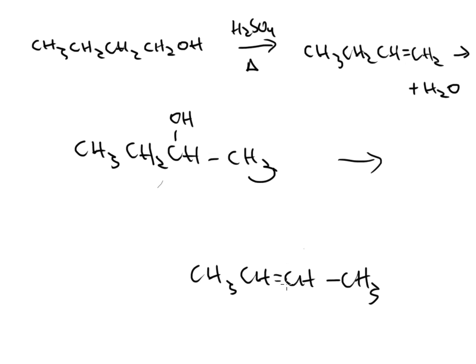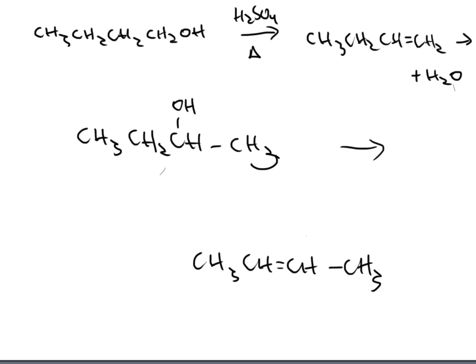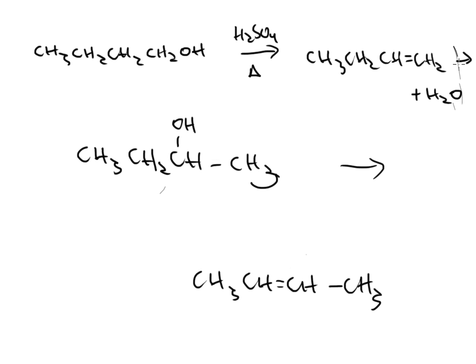And that internal double bond is more stable than the terminal double bond. So this is the problem that we experience with primary alcohols. Sometimes it's very difficult to stop it at that point of the terminal alkene up here. Very, very difficult for us to do that.